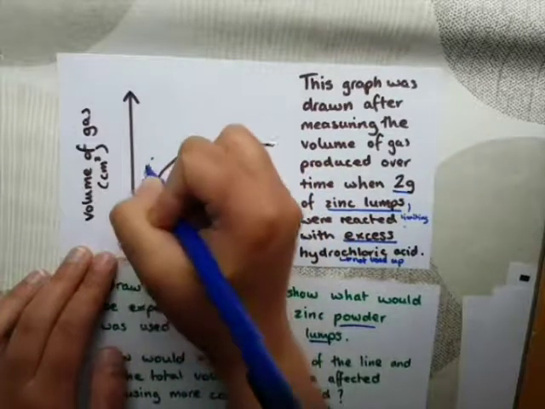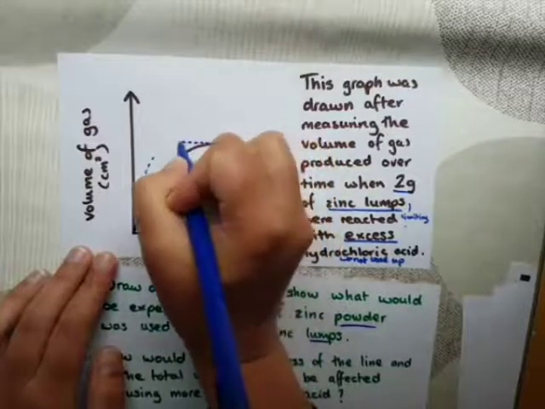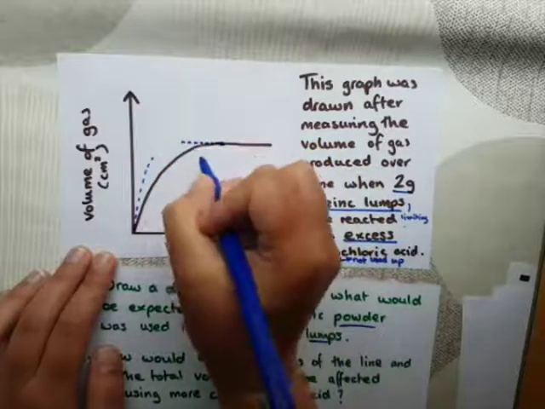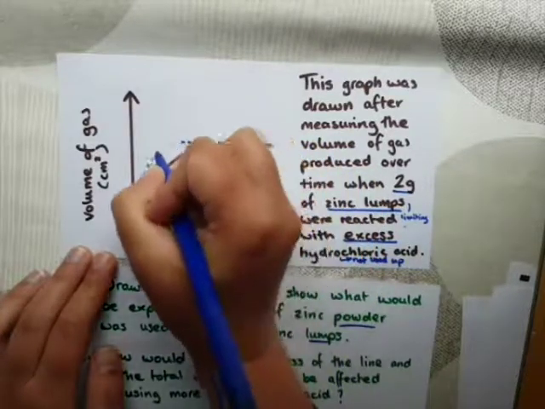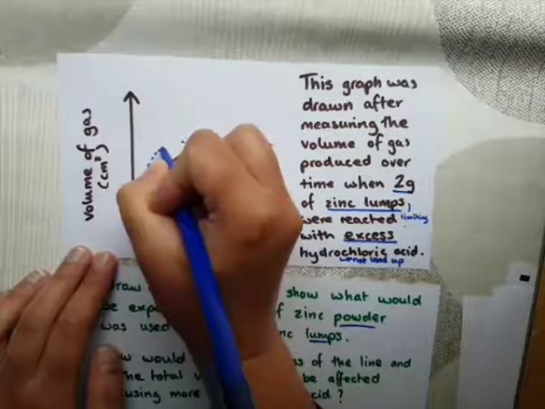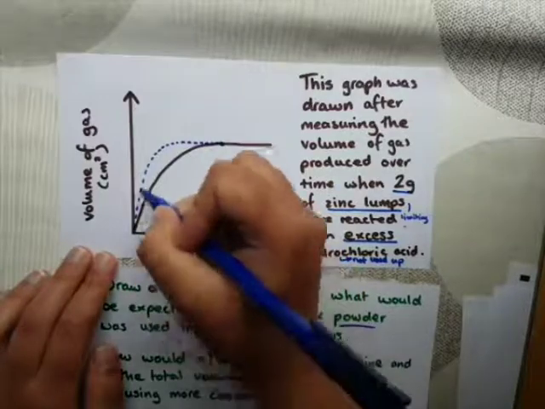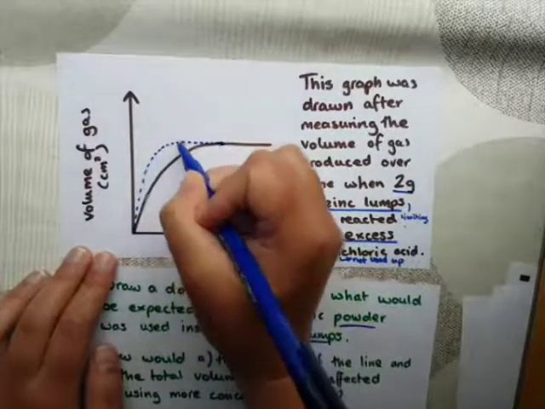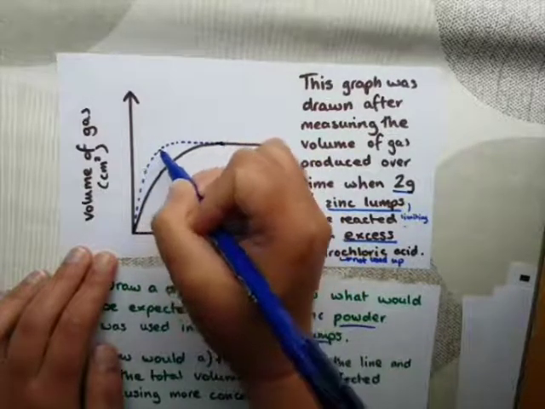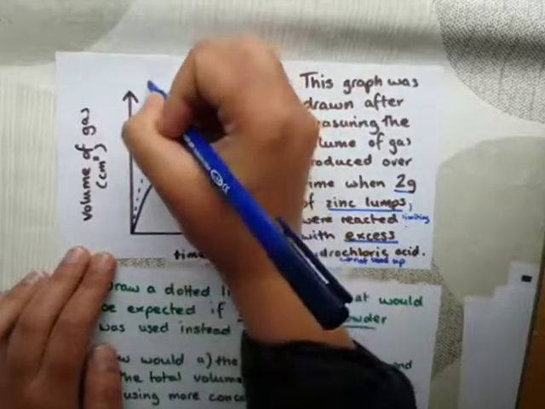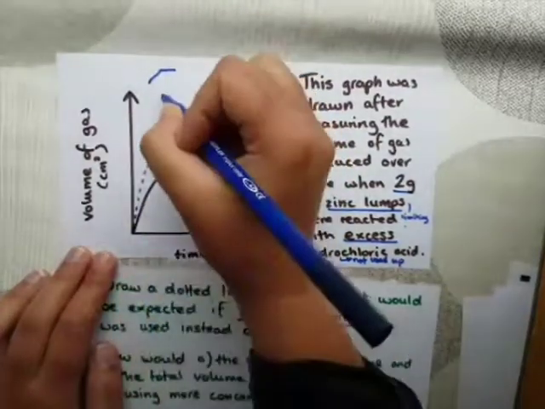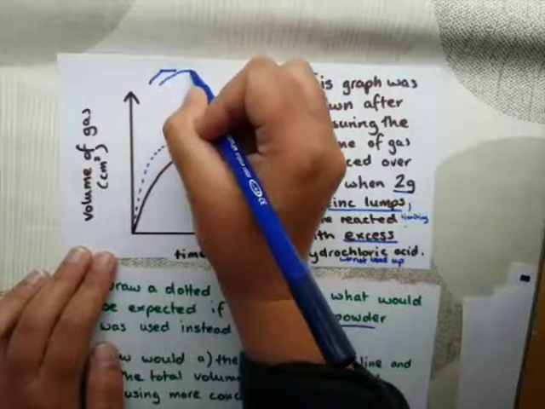So I've started it off steeper here. I've drawn my horizontal line going backwards here to make sure that it's obvious that it's finished quicker, and I'm just going to connect these two up in a nice smooth curve. So the gas does tend to be produced rapidly at first, and then it will gradually level off, but the curve should be smooth. It shouldn't be jaggy like that. We should have a smooth curve in terms of our gas produced.